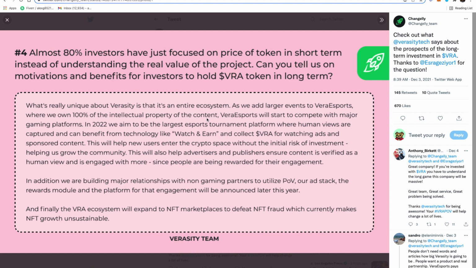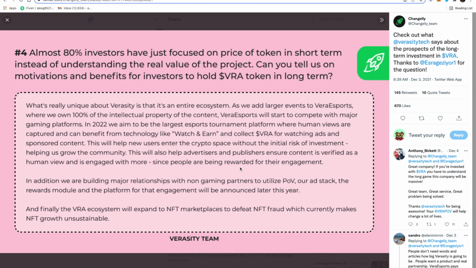And they responded with, what's really unique about Verasity is that it's an entire ecosystem. As we add larger events to Vera Esports, where we own 100% of the IP, of the content, Vera Esports will start to compete with major gaming platforms. And you can see they are thinking very long-term with this project. They're talking about watch and earn.